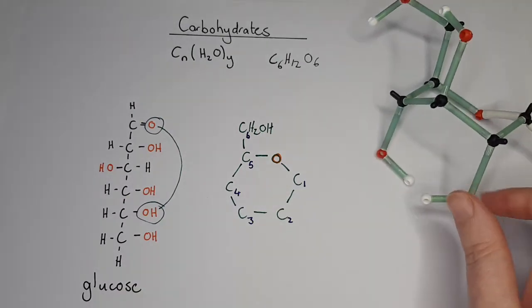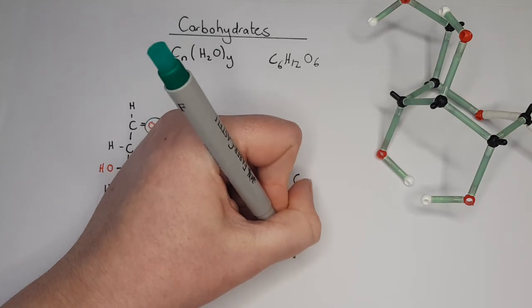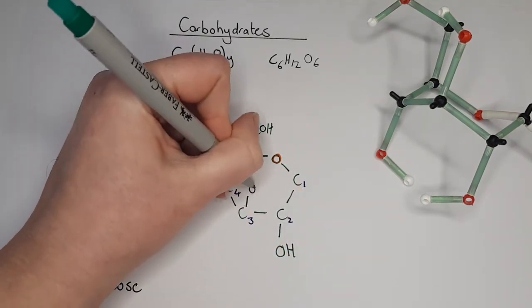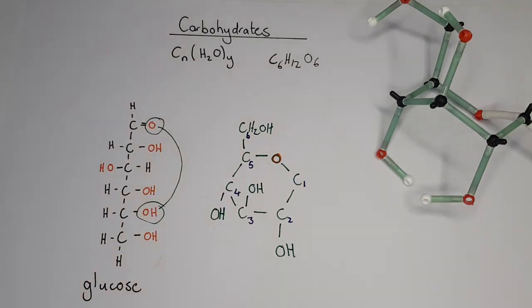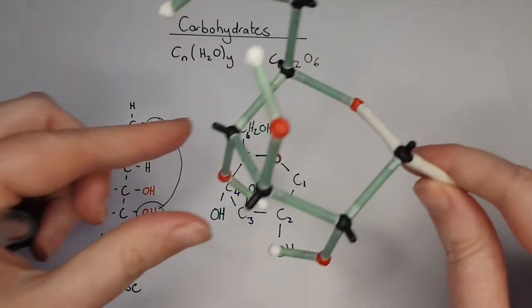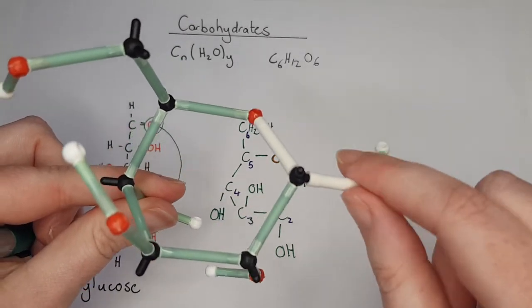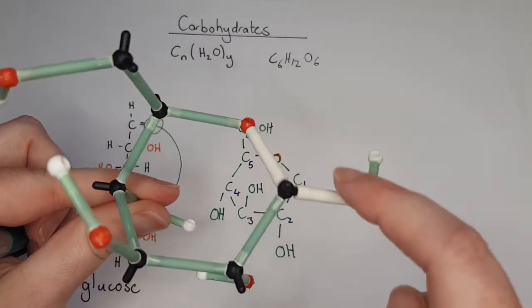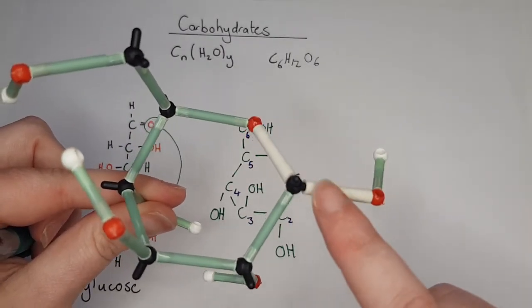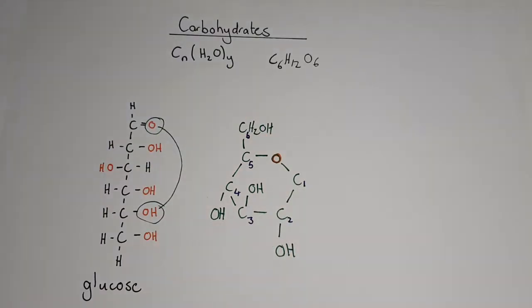So when we're drawing that, it's going to go down, up, and down on those ones. On carbon 1 over there, this one is facing downwards. But that depends on which of these double bonds got broken, because we could have broken either one of them. So now this one happens to go down, but we could have broken the other one, which would go up, and that would create two different kinds of glucose.